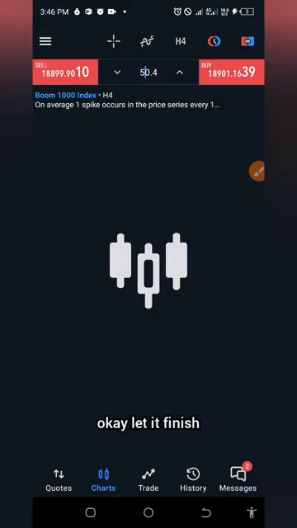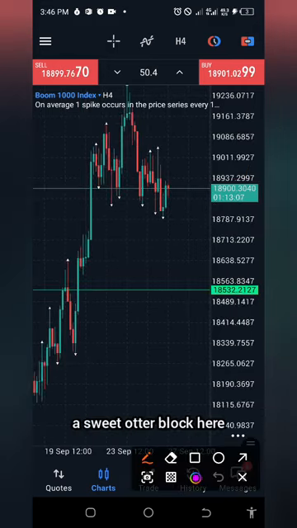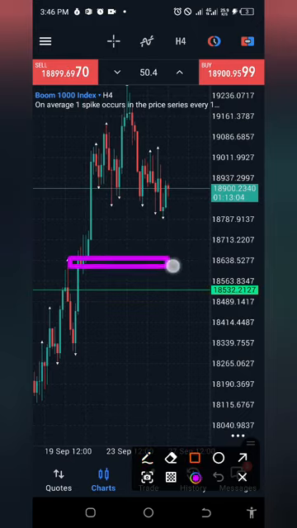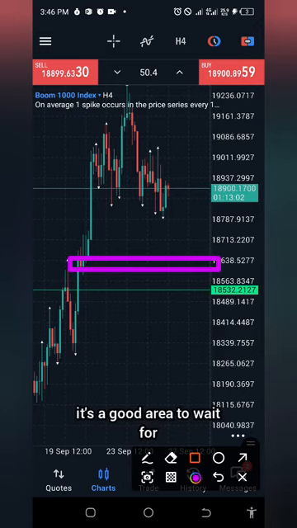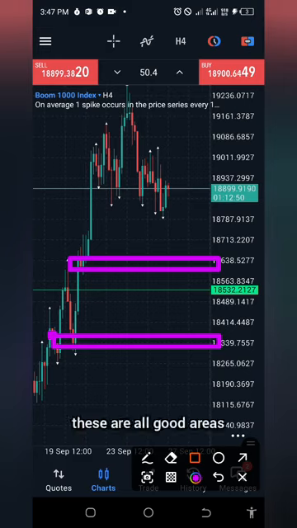Okay, now we've seen a sweet order block here. So it's a good area to wait for price. It's also a good zone here. Okay, so these are all good areas.